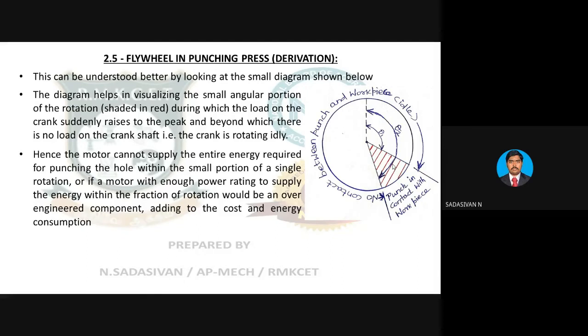So you are storing the energy. If some 1,000 watts of energy is required to create a hole, and the contact with the workpiece is a very short span, 0.1 seconds only for the actual punching process, you need a motor which can give out 1,000 watts in 0.1 seconds, which will be 10,000 watts. It is not possible.